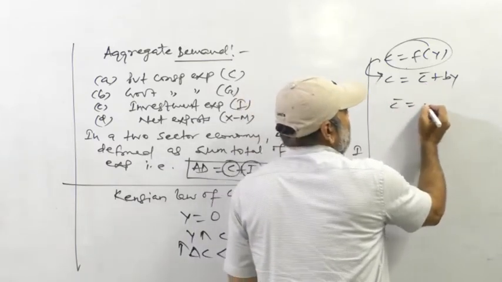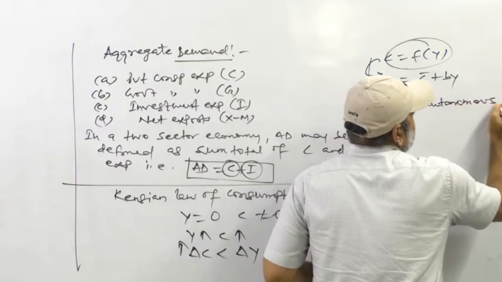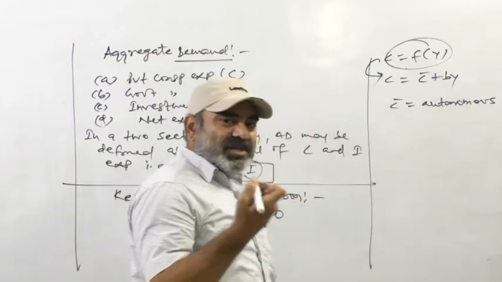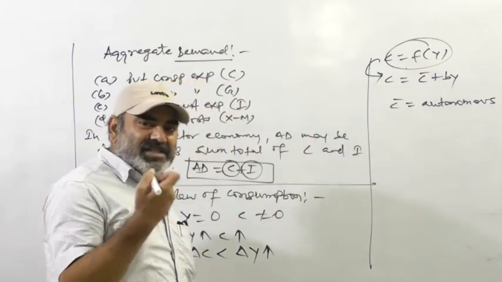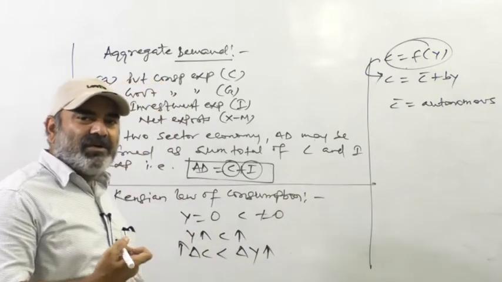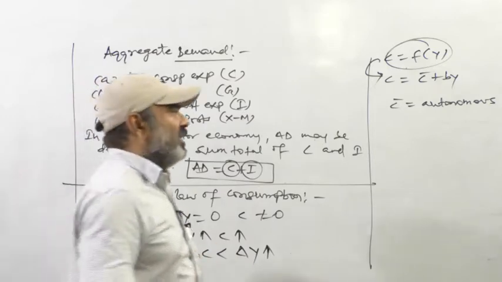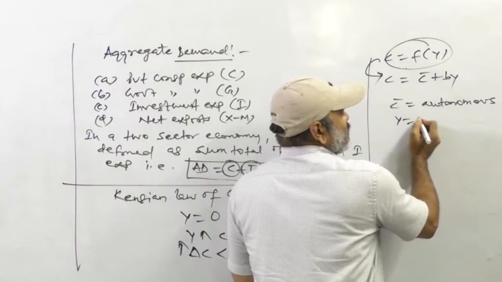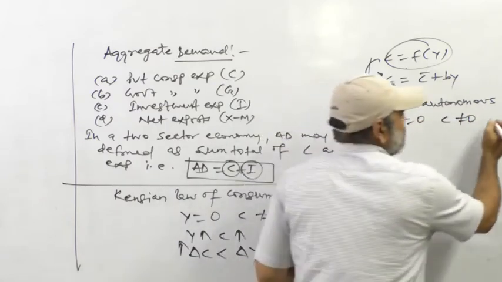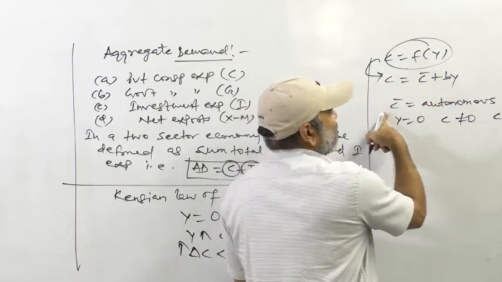C bar is actually autonomous consumption. It is the minimum amount of consumption which is a must in order to survive. It is meant for our survival. Even if income is zero, consumption cannot be zero. Consumption is always positive, and this is known as autonomous consumption.